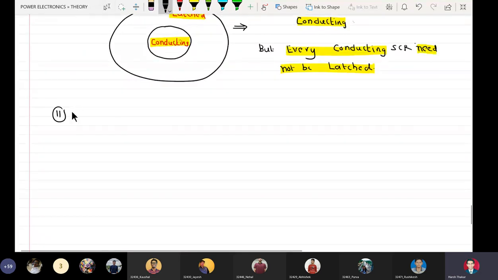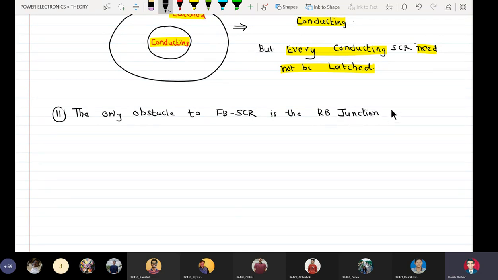Another point: the only obstacle to a forward biased SCR is the reverse biased junction J2, which must be broken somehow.